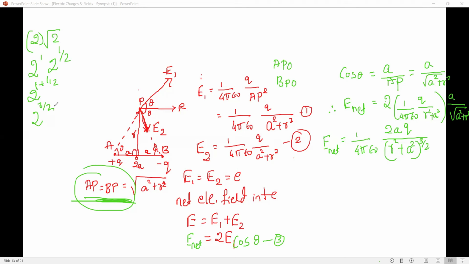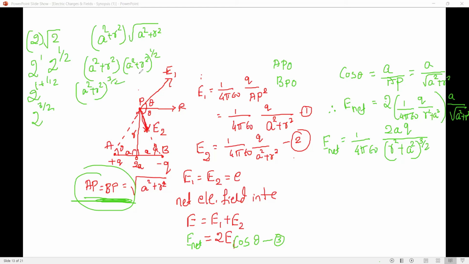Correct? So what do we have now, in one place a square plus r square, and here in the root we have a square plus r square. So therefore this becomes a square plus r square into a square plus r square to the power of 1 by 2. So 1 by 2 plus 1 is nothing but what? A square plus r square to the power of 3 divided by 2.